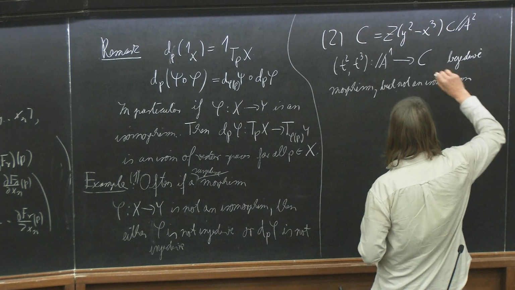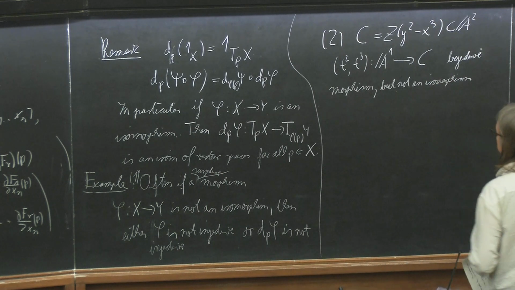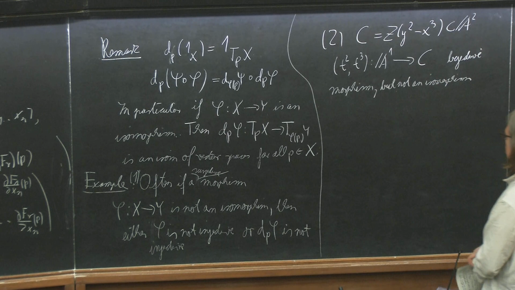Now the inverse was a rational map which was not defined at the point (0,0) on C.